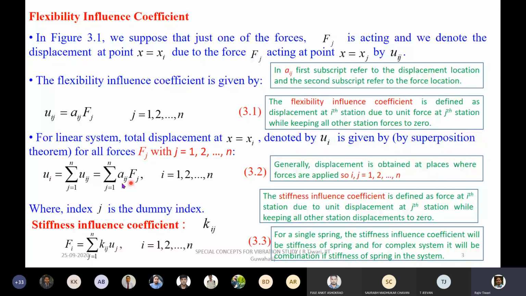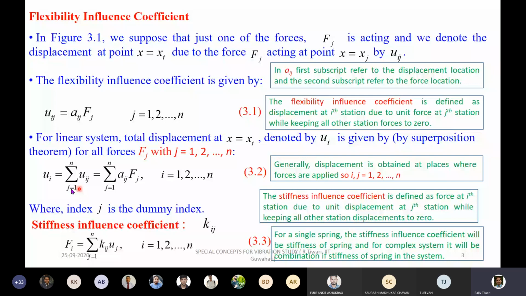But this i also we can change from 1 to n. So we can get the displacement at the first mass location, second mass location, ith location or nth location, by putting i equal to 1 or 2 or 3 in this expression.